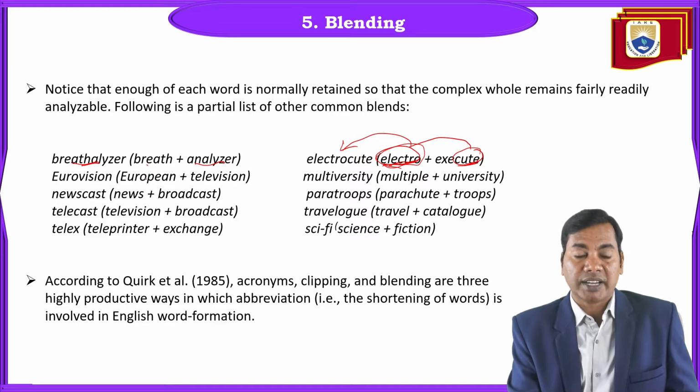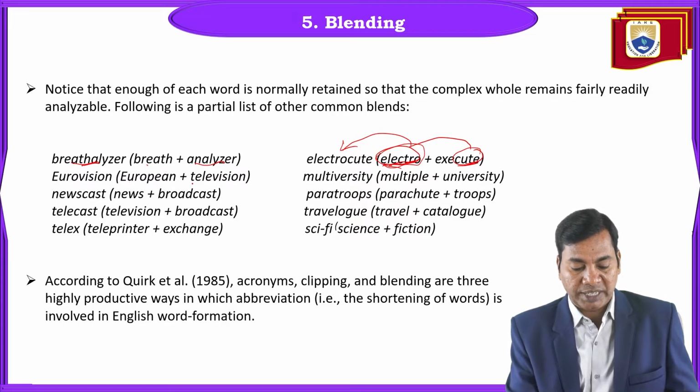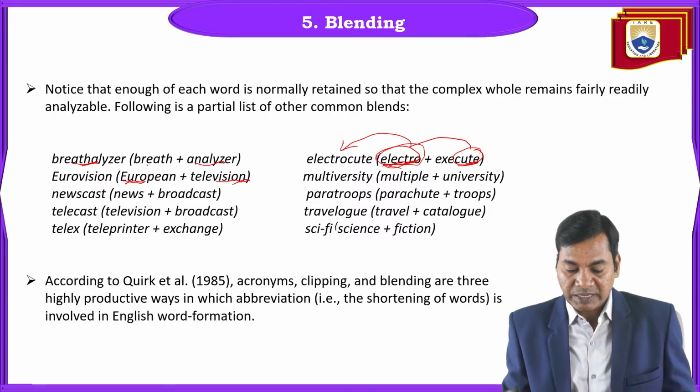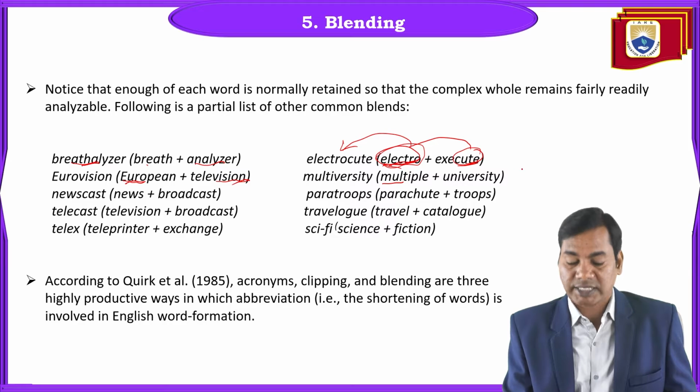Eurovision, right? The word Eurovision comes from two words, European and television. In the first word I have taken Euro, and in the second word I have taken the ending part, vision. By combining these two, Eurovision. Then multiversity. Here I took the first part of the first word, which is multi, and the ending part of the second word, university.